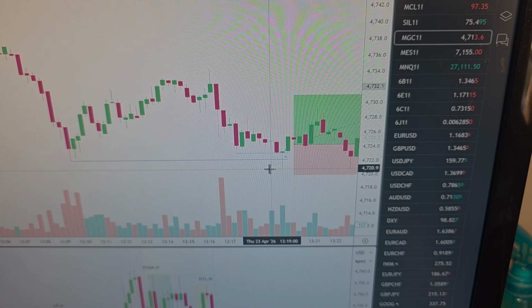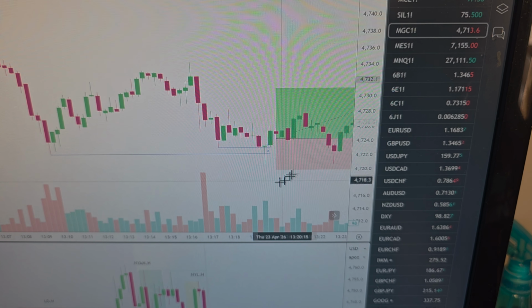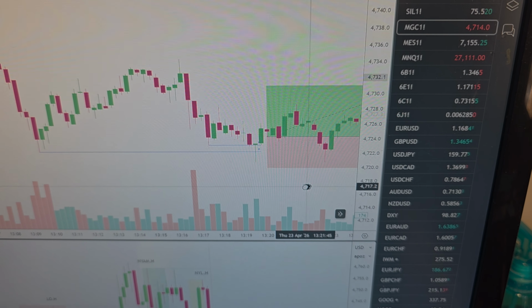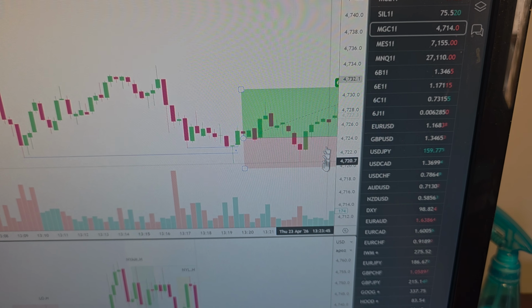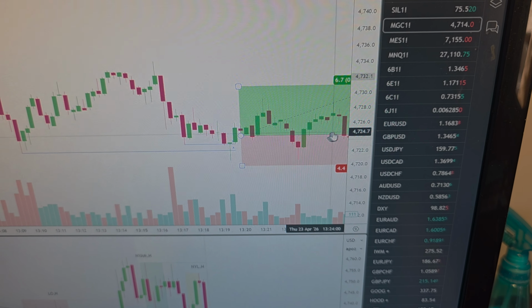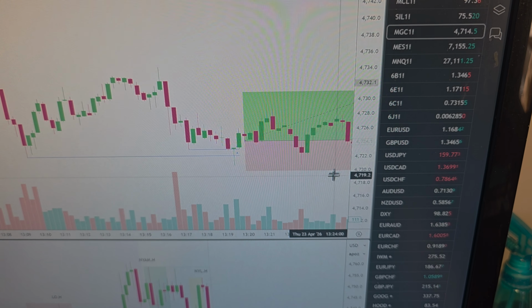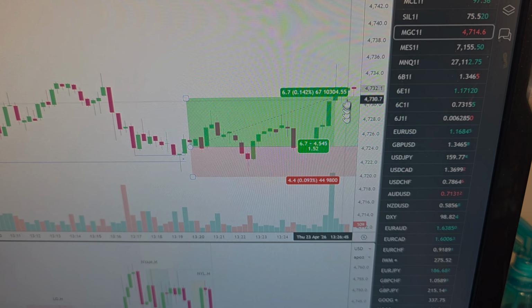Actually makes an equal low even. So that was close. And then it goes up again. So at this point, I'm still supposed to leave it alone, but guess what? I meddle with it and get stopped out, and boom, go straight to target.